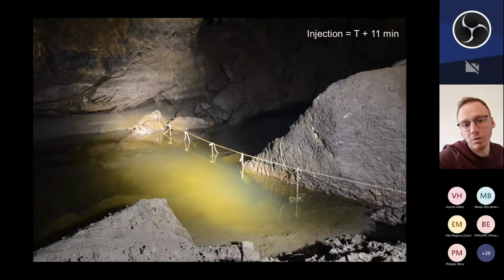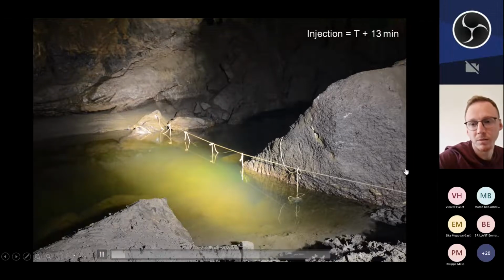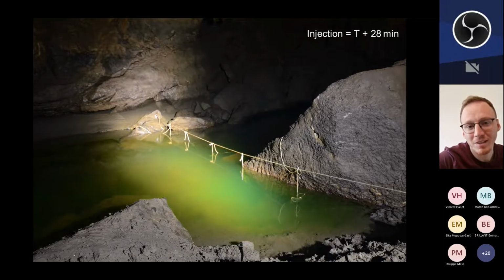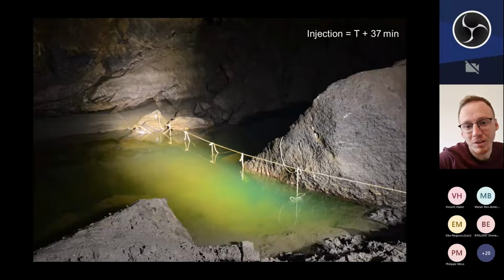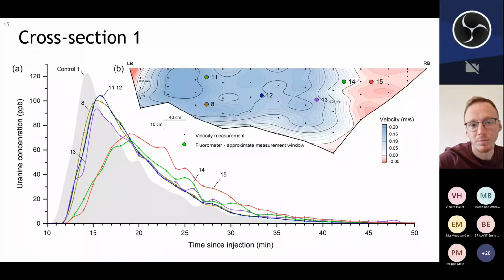Here you can have a video of the tracer cloud passing by cross-section 1. I hope it will work on your screen. So you can see it's becoming quite green, and then the tracer is passing by, and after about an hour, it's completely gone. So let's see what it gives us on the breakthrough curves.